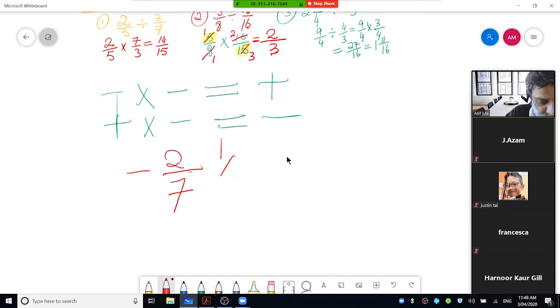times minus 1 over 7. Can you kindly write what would be the answer, plus or negative, and also the answer? What would be the answer, please?